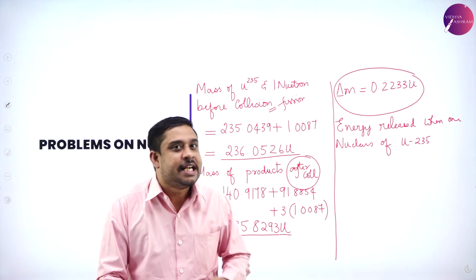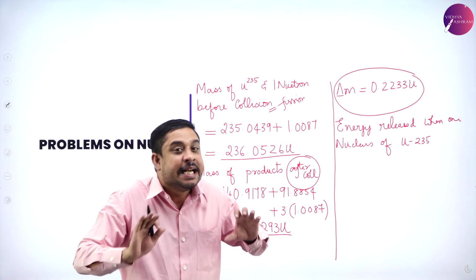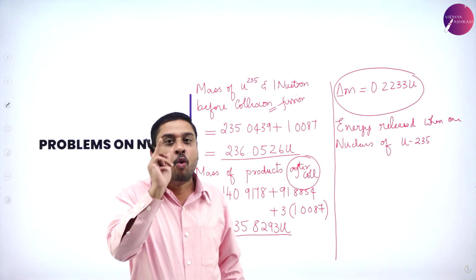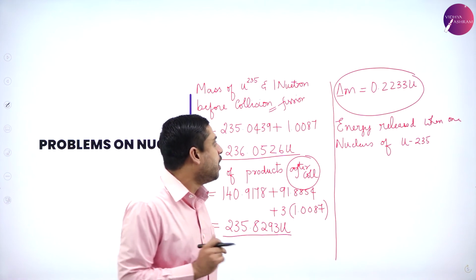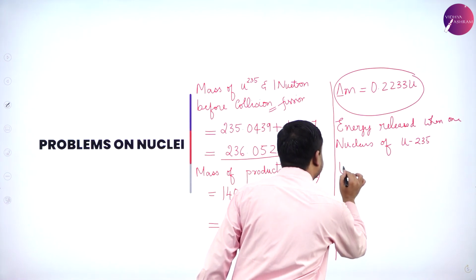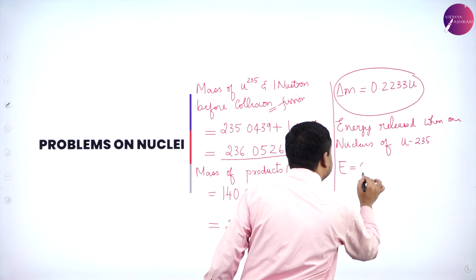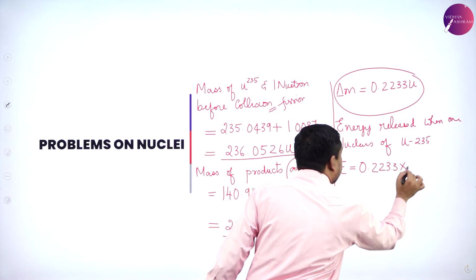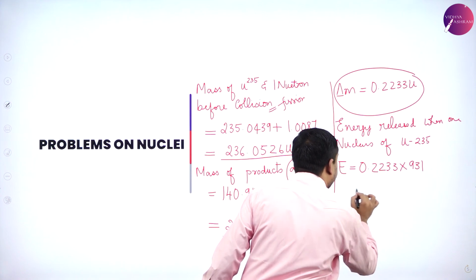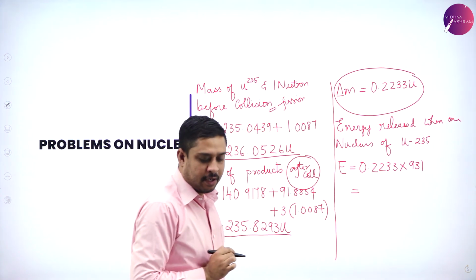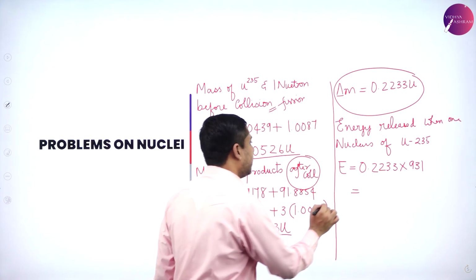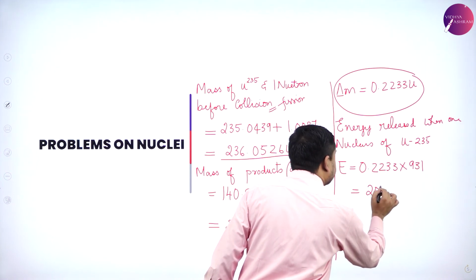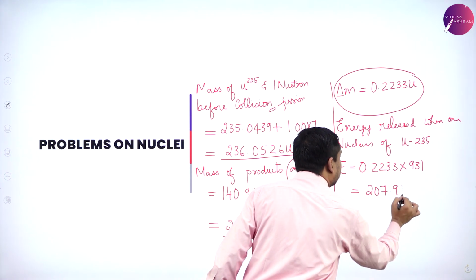When one nucleus, I'm not considering the given sample, one nucleus is undergoing fission. So that is equal to 0.2233 into 931 MeV, which is nearly 207.9.